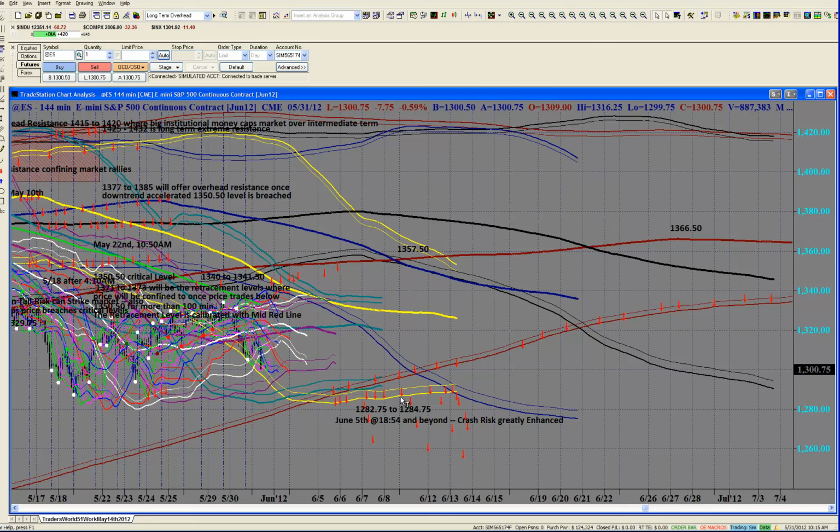And then there'll likely be another massive episode which we will talk about as we approach that period in the middle to the end of July or early August.